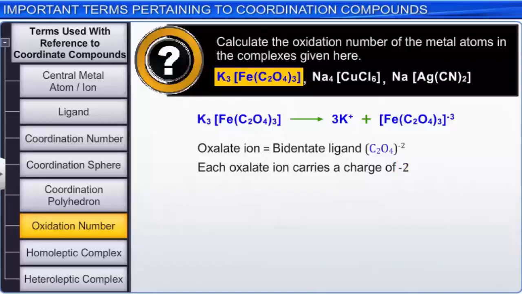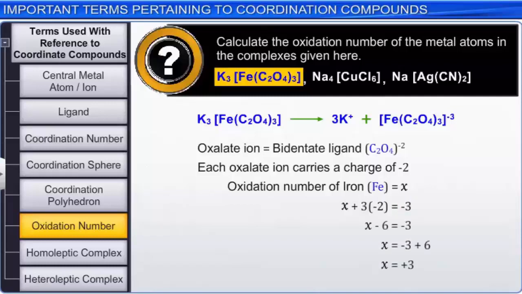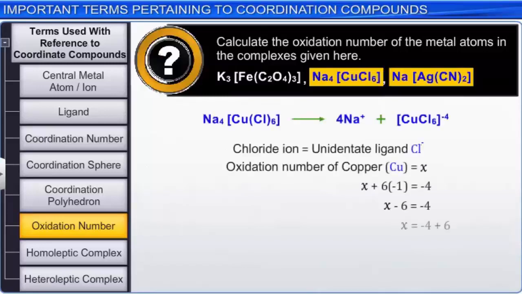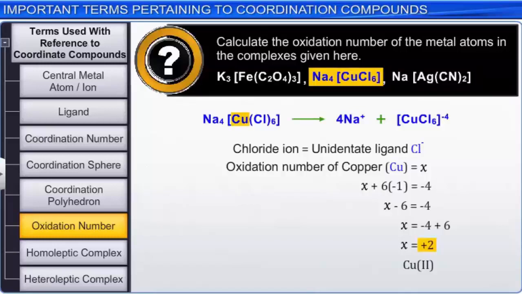The oxidation number of iron, which is assumed as X, is calculated as X plus 3 multiplied by -2, which is equal to -3. On simplification, we get X equal to +3. Hence, the oxidation number of iron is +3. Similarly, the oxidation numbers of copper and silver in the other two complexes are calculated as +2 and +1, as shown.